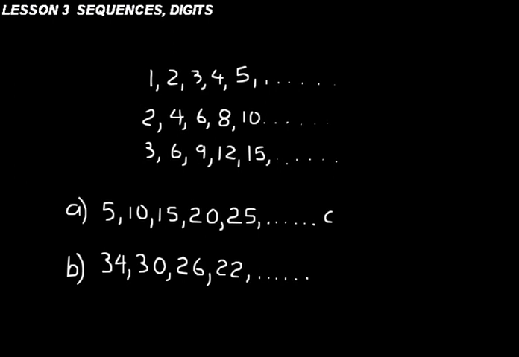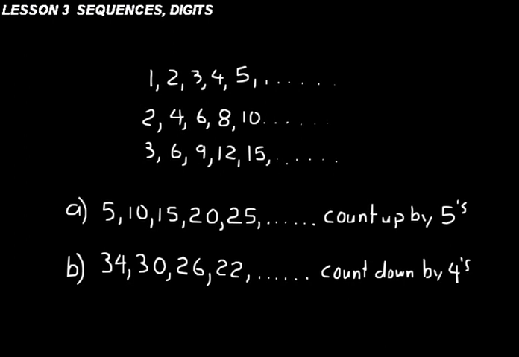So we would just say count up by fives. That's the rule. On B, we're counting down by fours. 34 minus 4 is 30, minus 4 is 26, minus 4 is 22. So we're counting down by fours in B.